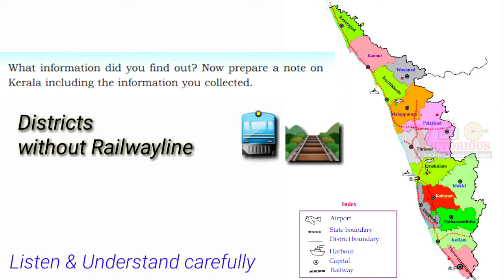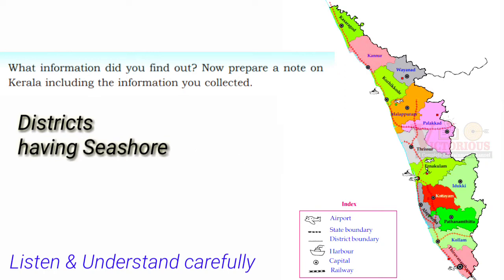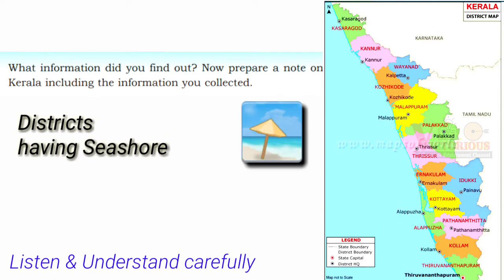Then my next question to you, districts having seashore. Kadal Theeramulla Jillakal. Yeah, very good. Trivandrum, Kollam, Alappuzha, Ernakulam, Thrissur, Malappuram, Kozhikode, Kannur and Kasaragod. Total 9 districts having seashores. Okay?